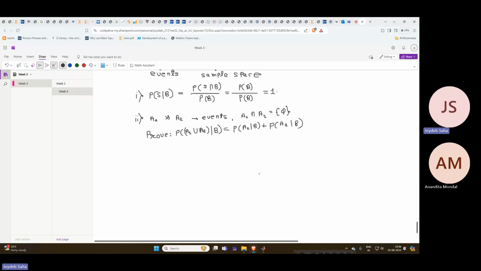So now let us try to solve this. We can write A1 union A2 conditional B. Can we write this like this?